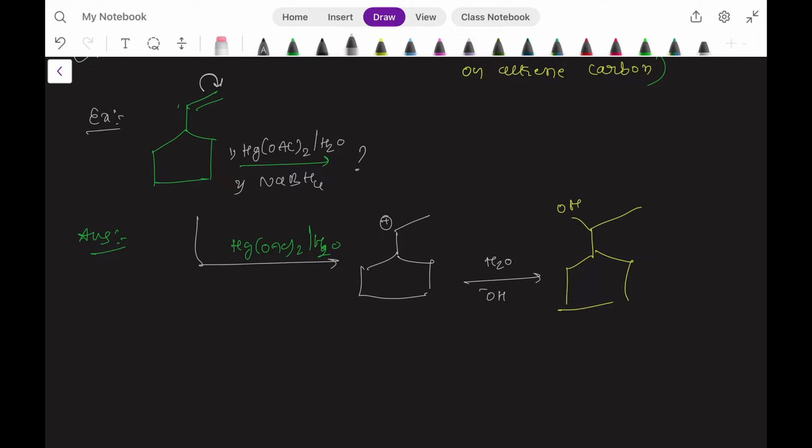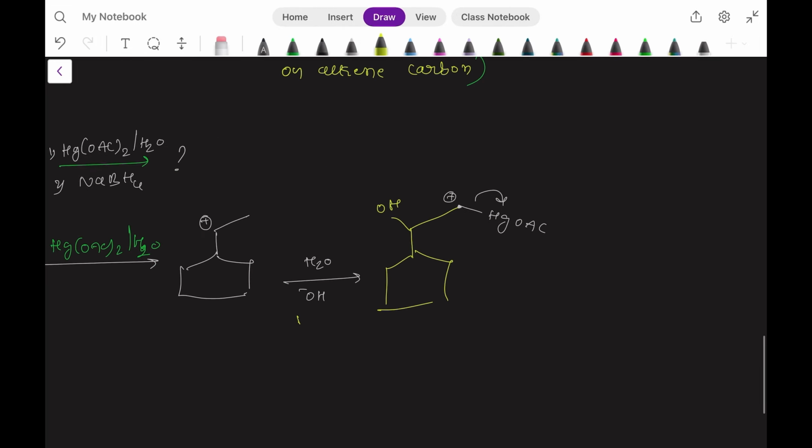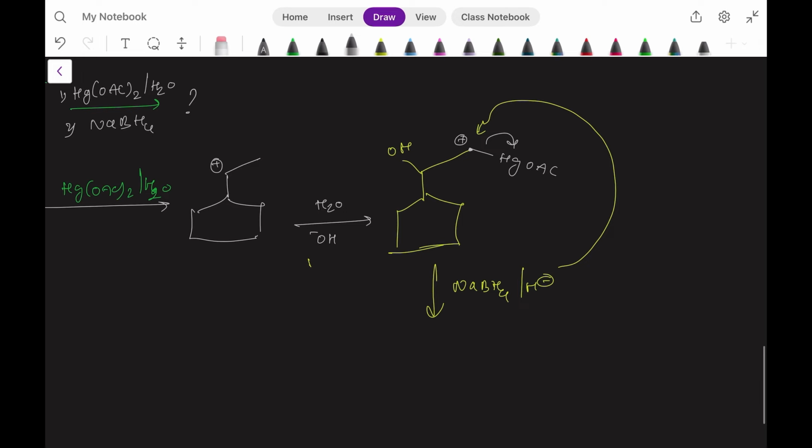Keep in mind, I repeat one more time. In the mechanism, we got HgOAc, right? So I dissociated this one, it will get a positive charge, and from NaBH4 H minus will come and attack this, and demercuration will take place. The final product is going to be like this.